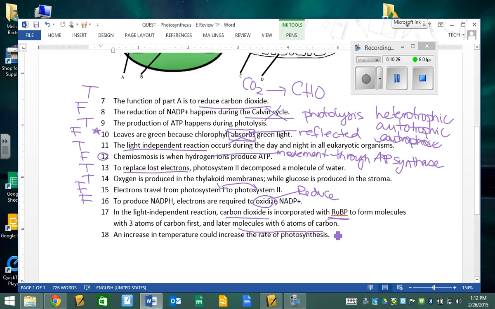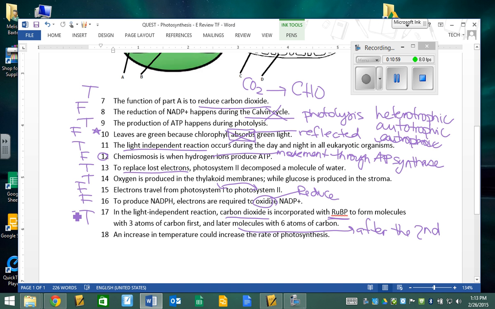Then, after the second round, I will eventually make a molecule that has 6 atoms of carbon. So this is true. One round of the Calvin cycle makes something with 3 atoms of carbon. And then once it happens again, I have another one of those pieces. I have 6 atoms of carbon. And the reason we're focusing on that is because glucose has 6 atoms of carbon.